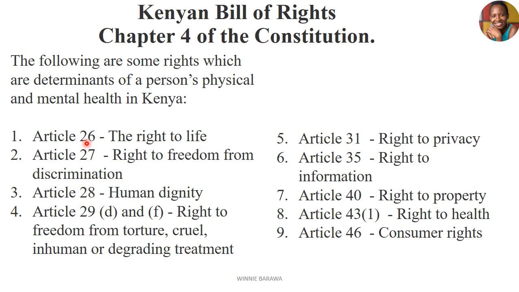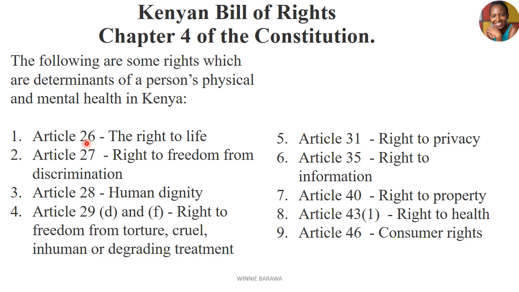So as a healthcare provider taking care of a palliative care patient, you need to remember that these are patients that are also protected by the Constitution, because in Chapter 4, there are several articles that protect them. Despite the knowledge that their prognosis is not good, that they have less than 6 months and they are hospitalized, they still have a right to life.